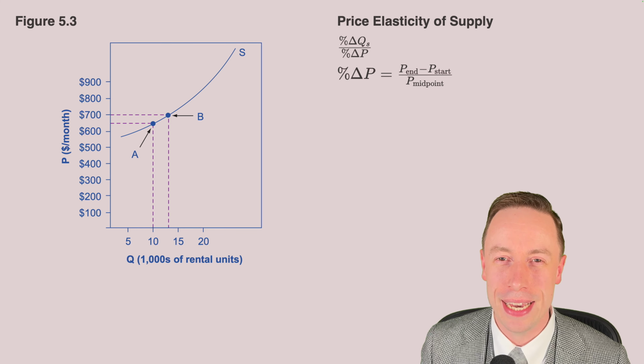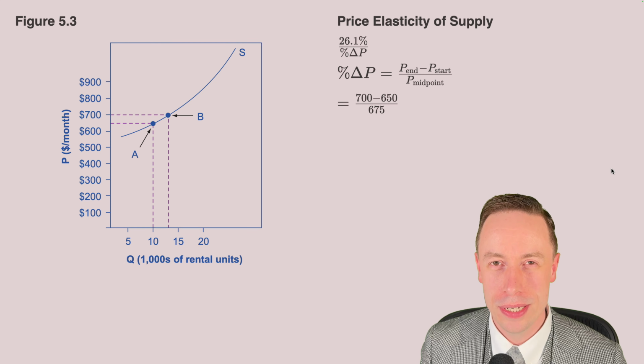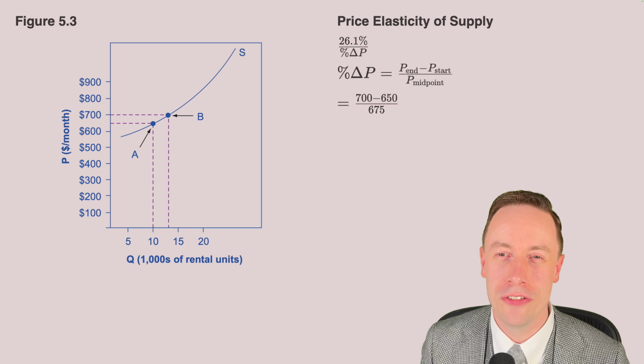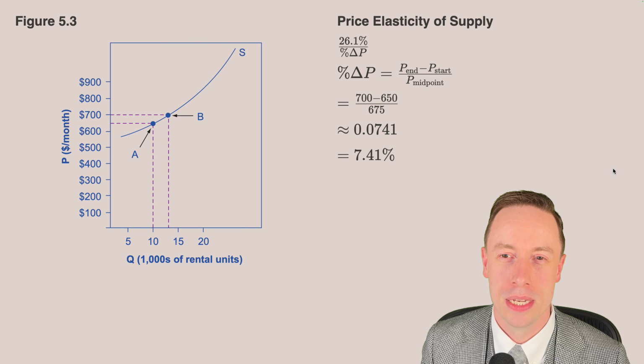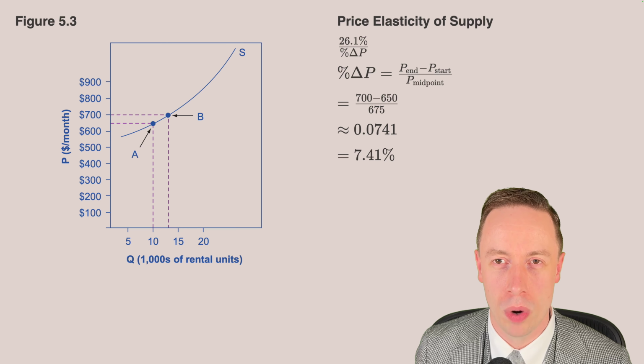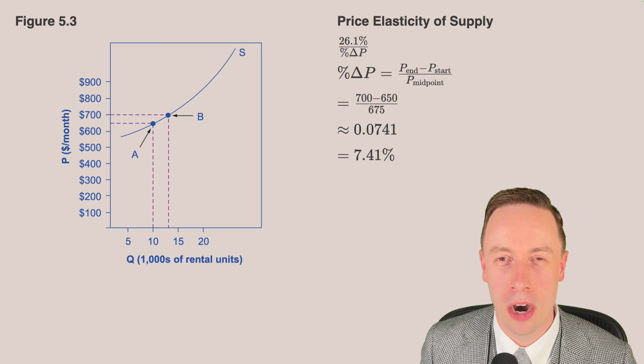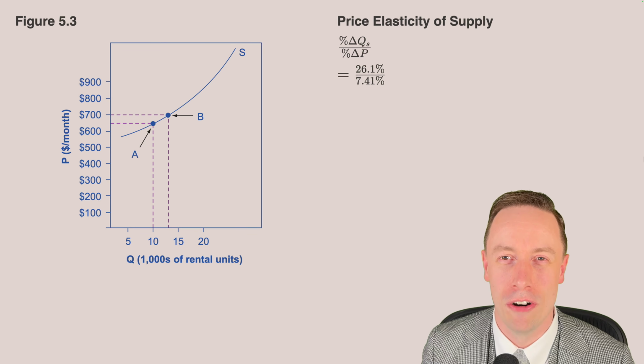We've got a $700 endpoint, $650 start point. That's a $50 change over a $675 middle, giving us, after some light rounding, 0.0741 or 7.41%.